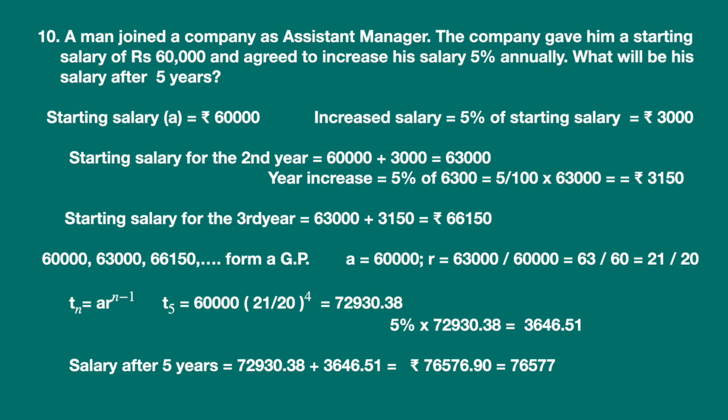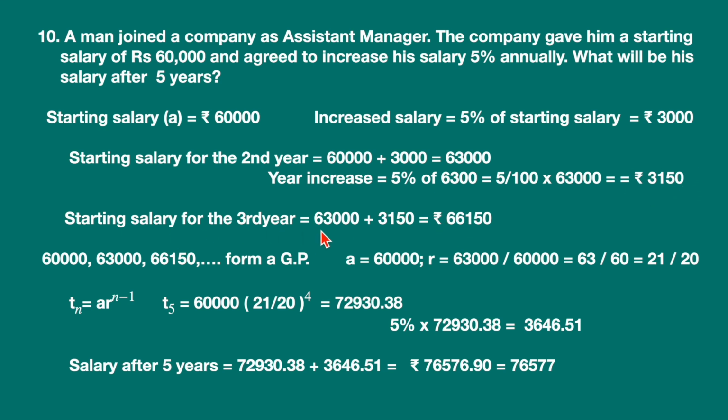Okay. Add this 3,000 to 60,000. It will be 63,000. So the second year his salary is going to be 63,000. Then the third year, you have to do 5% of 63,000 and you will get 3,150. Okay, so this will be the increase in the third year.